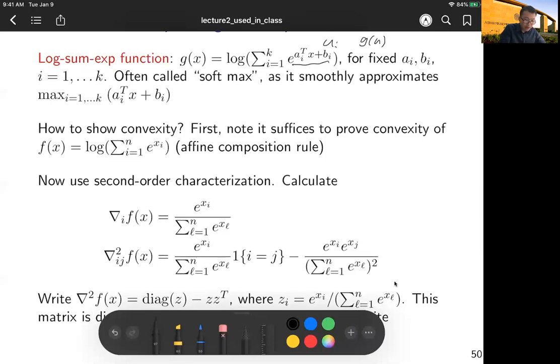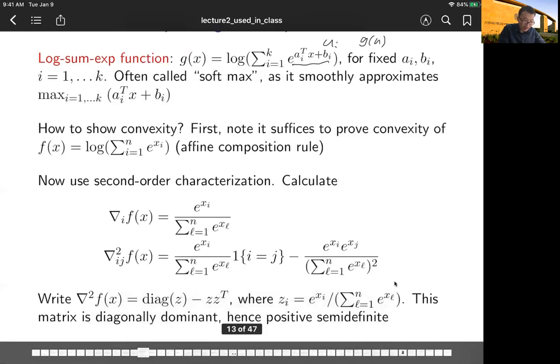So how do we show that the log sum exponential function is convex? In fact, you can prove this by checking the Hessian and showing that it is non-negative. I won't go into the details, but these are the calculations. If you can show the Hessian is positive semi-definite, then you can show this log sum exponential function is convex.